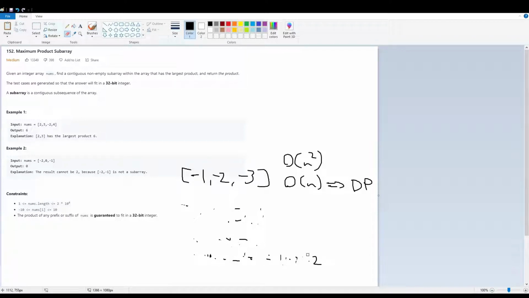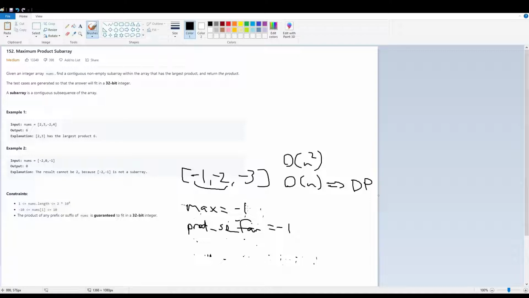Let me just erase this here. Okay. So let's say we have this array here, and we have our max variable and our product so far variable. So we are at -1 right now, so max so far would be -1 and prod so far would be -1. And then we look at this subarray here.